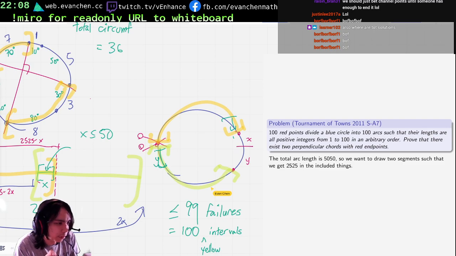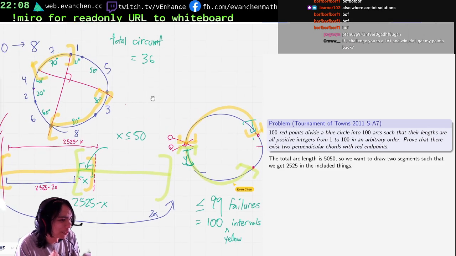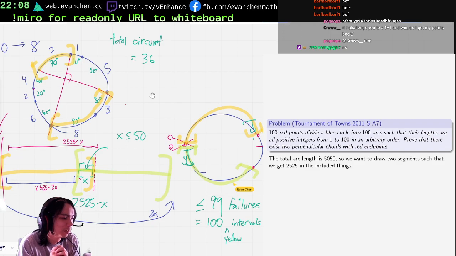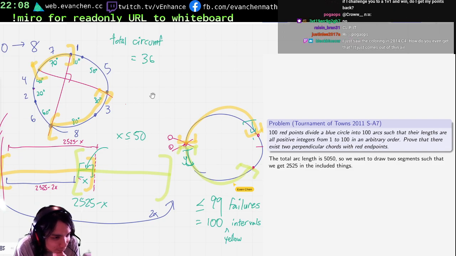I think this works now, right? Can someone verify this is what I'm supposed to do? If I challenge you to a 1v1 and win, do I get my points back? No. How do you even get that? If you look in the official shortlist, there's a comment about how it's really the sum of two more natural colorings.